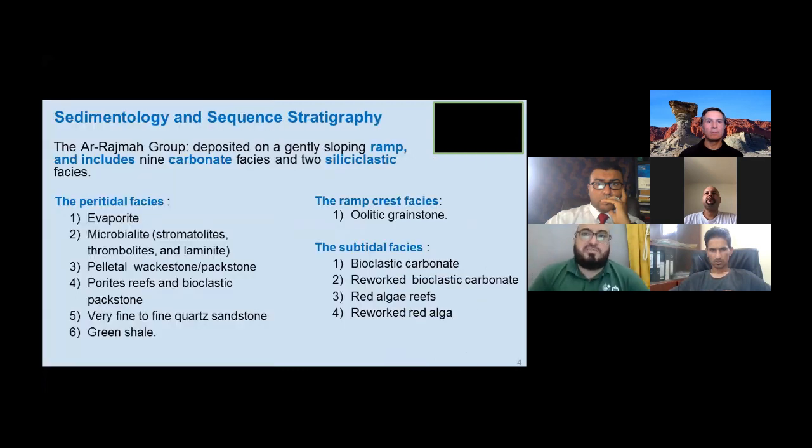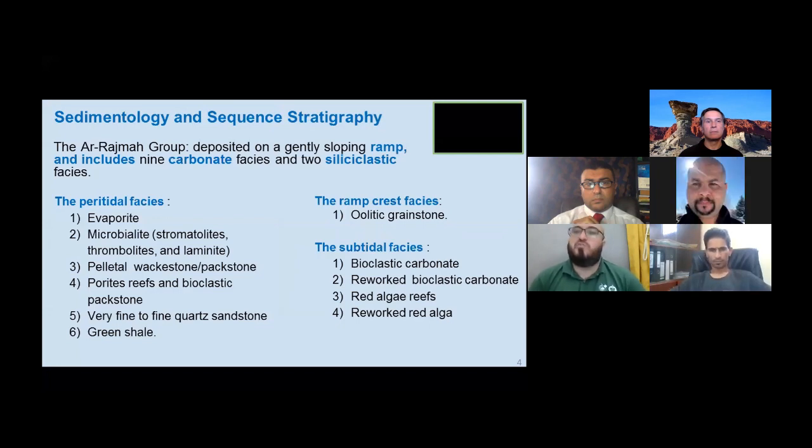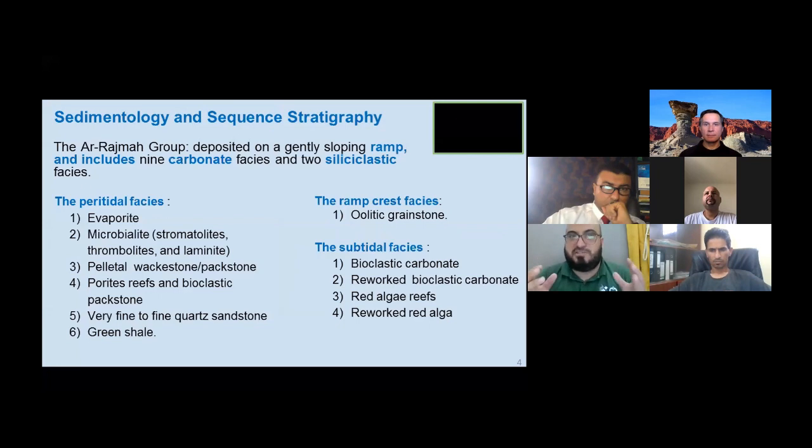So, sedimentology and depositional environments. In fact, the Ar-Rajmah Group, which is Miocene, was deposited on gently sloping ground and includes 9 carbonate facies and 2 siliciclastic facies. So most of the stratigraphic succession is carbonates, so we characterize it as a carbonate succession.